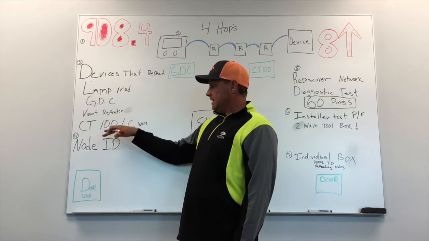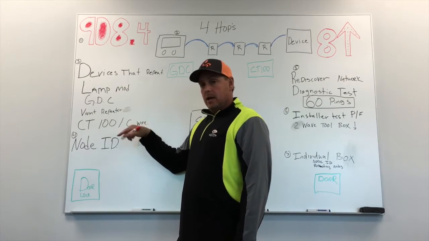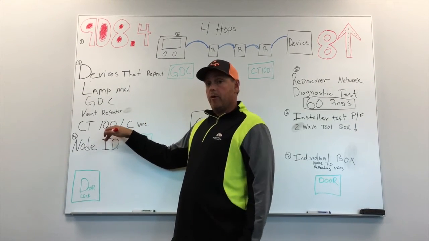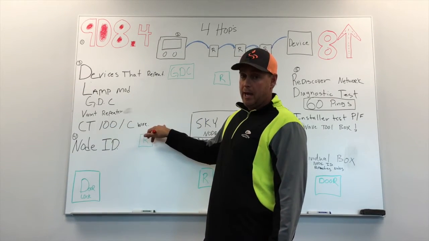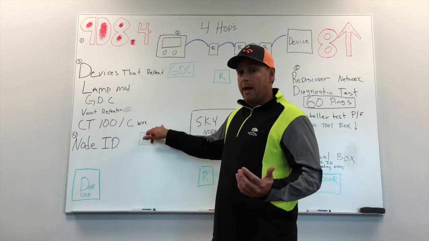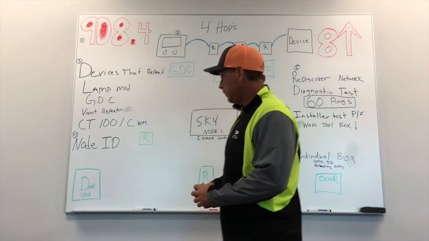Because if it has the C-wire and the batteries in it, when it resets, it'll say, hey, this does have a C-wire, so the thermostat will know that it's running off a C-wire, okay? Then we go and learn it into the panel after we've done those steps. And then the panel will realize, hey, I can use this as a repeater, okay?